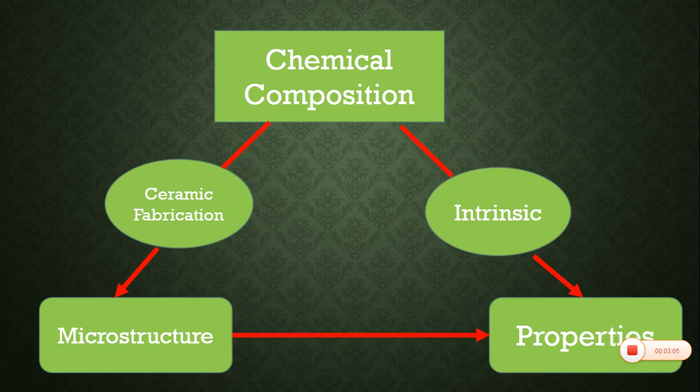First, intrinsic properties. The intrinsic properties are determined by the structure at the atomic scale. These properties are not subjected to change significantly by modification of microstructure. They include melting point, elastic modulus, coefficient of thermal expansion, and whether the material is brittle, magnetic, ferroelectric, or semiconductor.